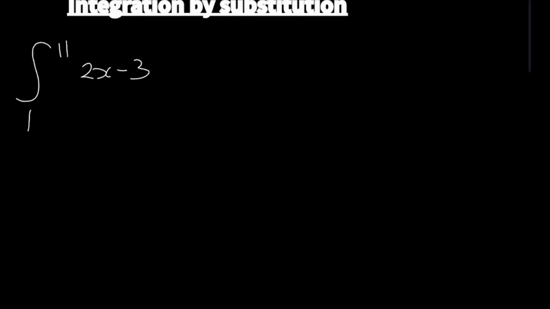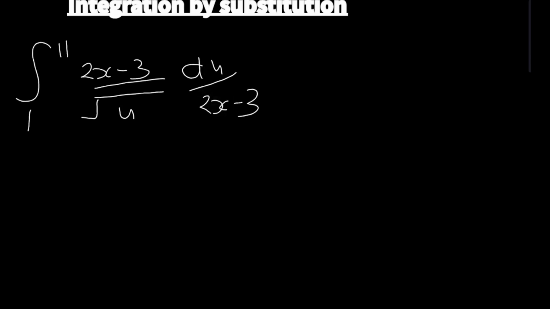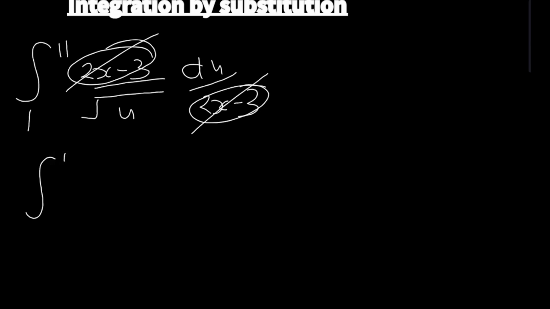2x minus 3 over root. The function that was here is now replaced by u, and our dx is now du over 2x minus 3. The 2x minus 3 can cancel out with this, and we remain with the integral from 1 to 11 of 1 over root u du.